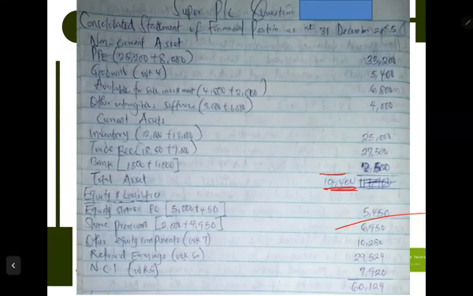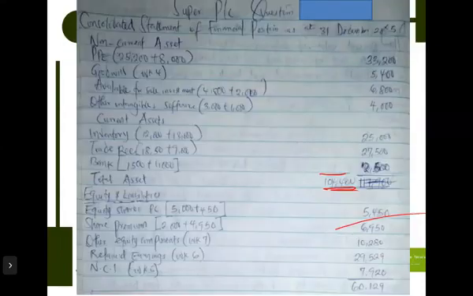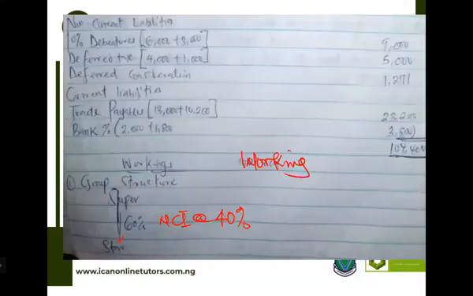Also, equity and liabilities. I'm having equity shares, non-current assets, then my non-current liability. This is it. Everything balanced at 104,400,000. That is all about Superstar questions.